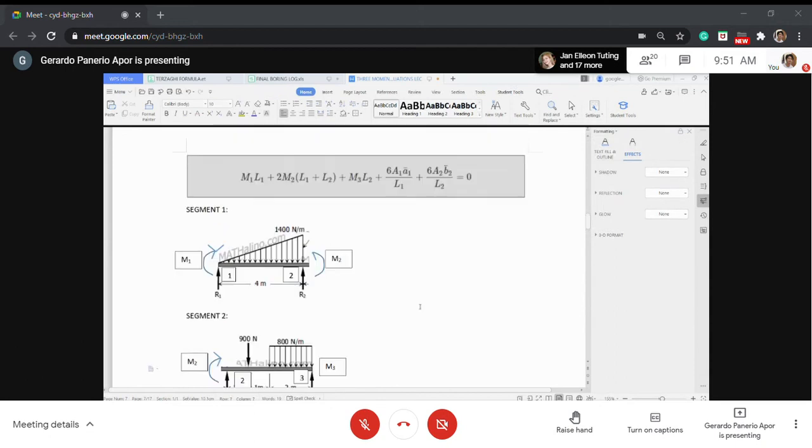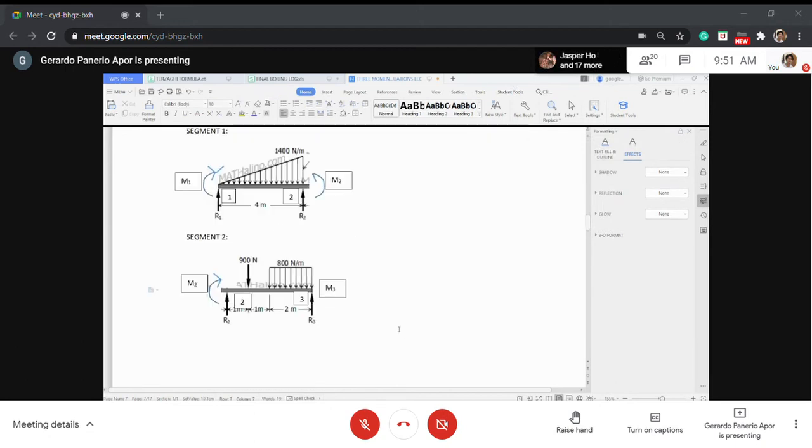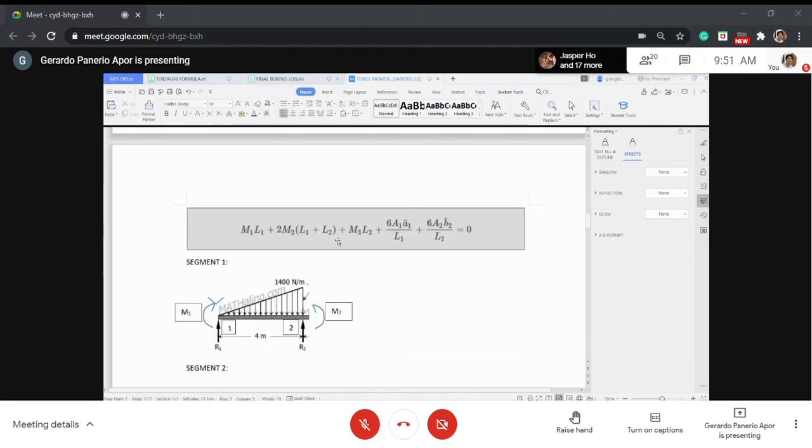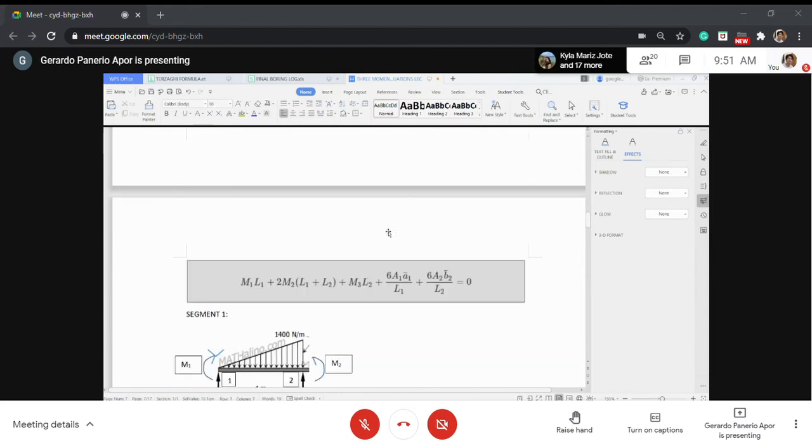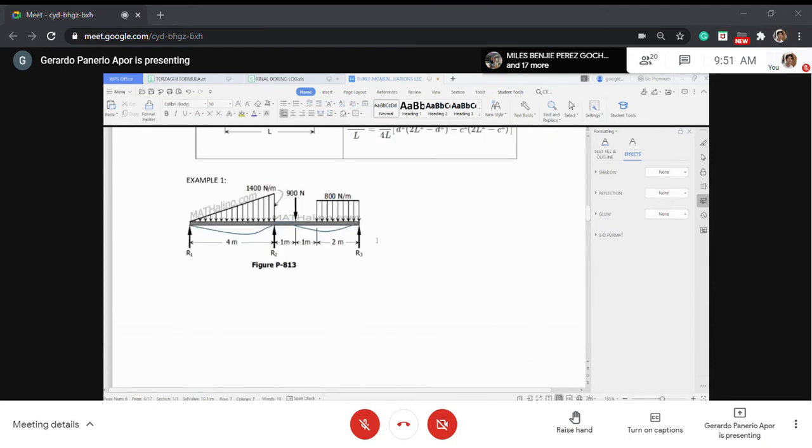But before you start using this equation, you should also minimize the number of unknowns. Why? Because there are certain points where you already know the moment. For example, the moment at the start and at the end is zero.